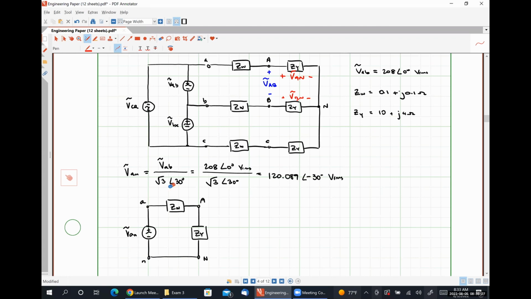The transformation happens to work for converting a delta connected source into a Y connected source, but what it's really doing is transforming a delta connected phase voltage into a Y connected phase voltage and vice versa.